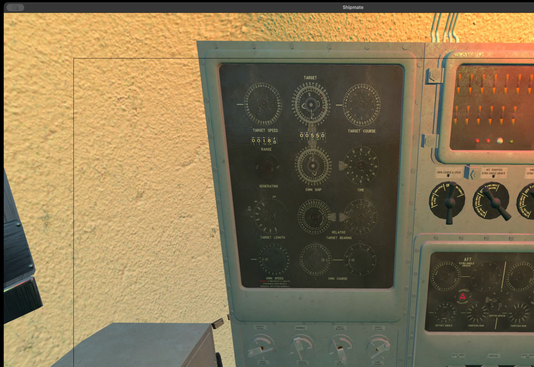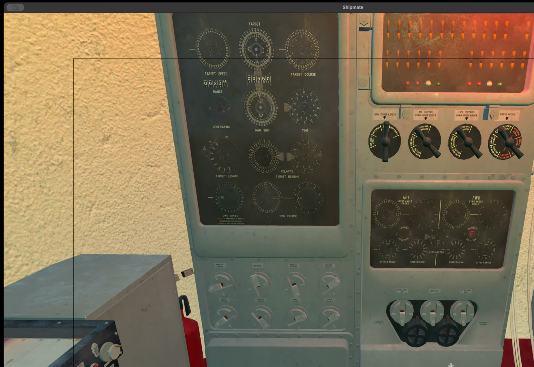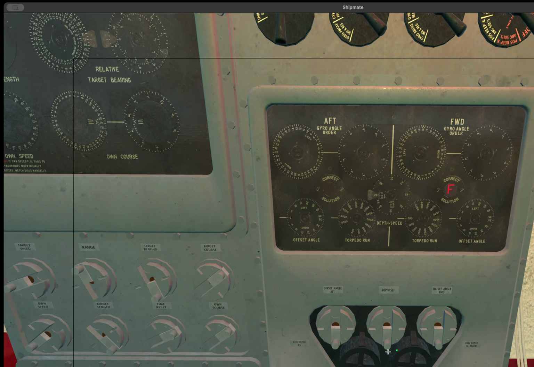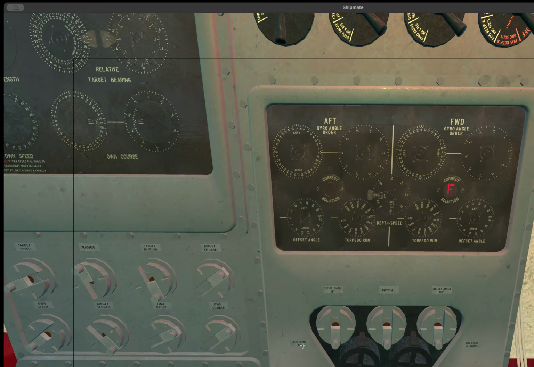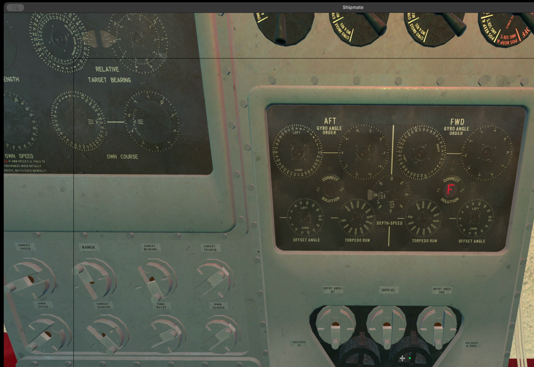These gauges indicate the position of the kill depth, torpedo run difference. Yeah, this indicates the kill depth reach.